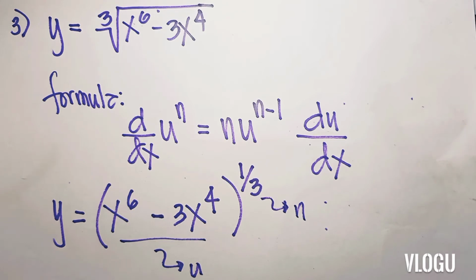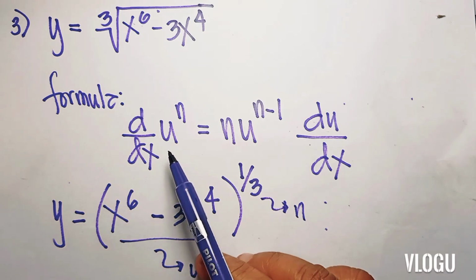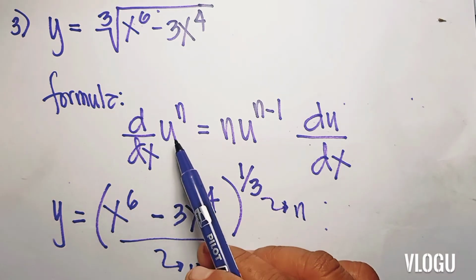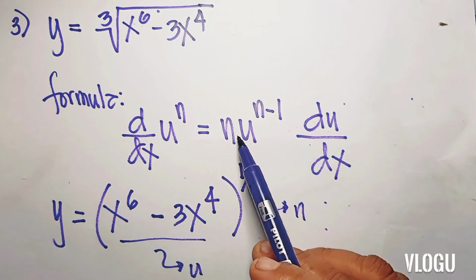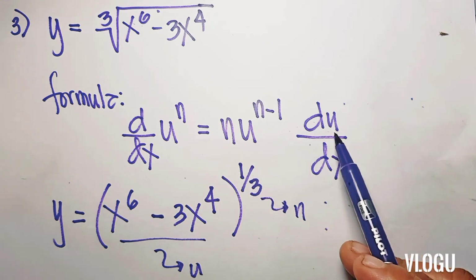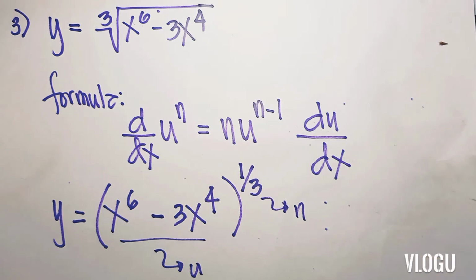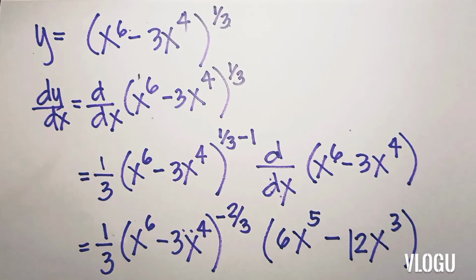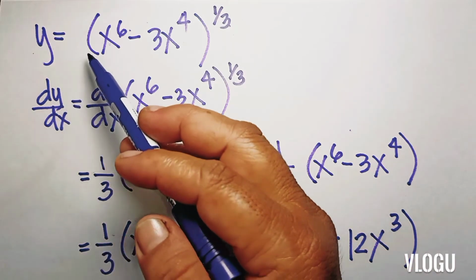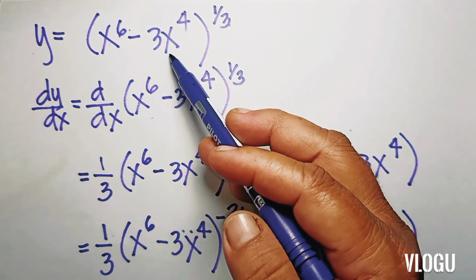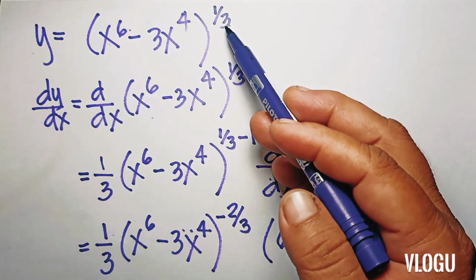So, we are going to use the formula: derivative d/dx of u to the n is equal to n u to the n minus 1 du/dx. Therefore, we have y is equal to x to the 6 minus 3x to the 4th raised to 1/3.